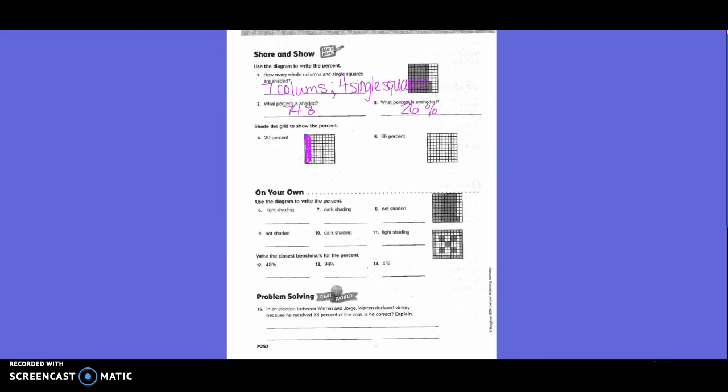How many columns would I shade? 8. And then how many little squares? 6.